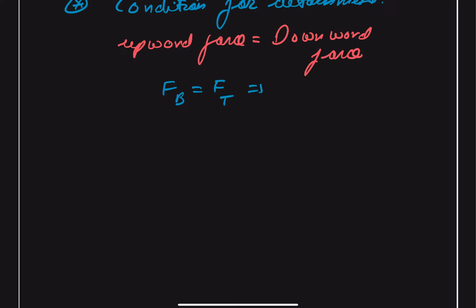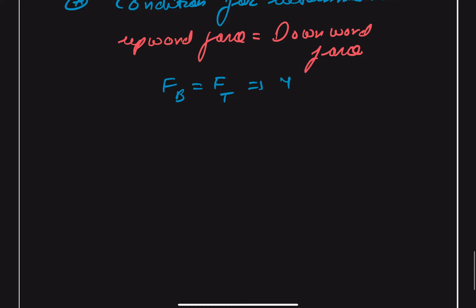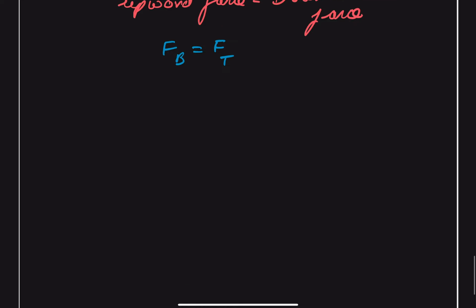We substitute the values, and we get Fb was our 4 by 3 pi R cube rho w multiplied by g, is equal to 2 pi T divided by capital R, and this comes as small r square.